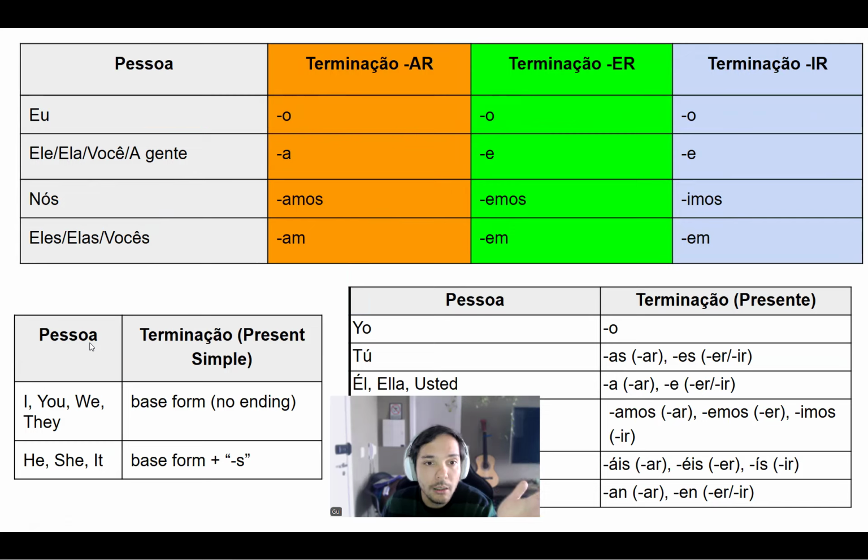Então, in English, you see you have two groups of pronouns and two ways to conjugate the verbs, né? So, I, you, we, they, you conjugate one way, he, she, it, you conjugate another way. Conjugating the verb is to change the ending of the form of the verb, né? So, anyway, to express about the tense, about the time, né?